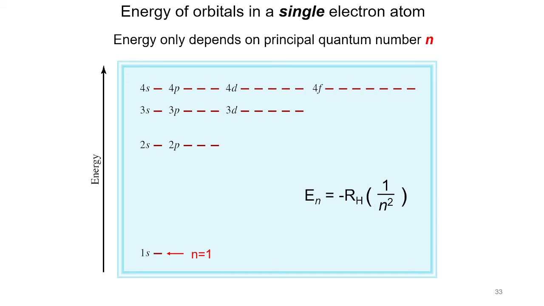But when we talk about multi-electron atoms, we will have a different sense of how we look into that. So we have here the energy orbitals of multi-electron atoms. Energy depends on the principal quantum number and the L. So we have n equal to 1 and L equal to 0.